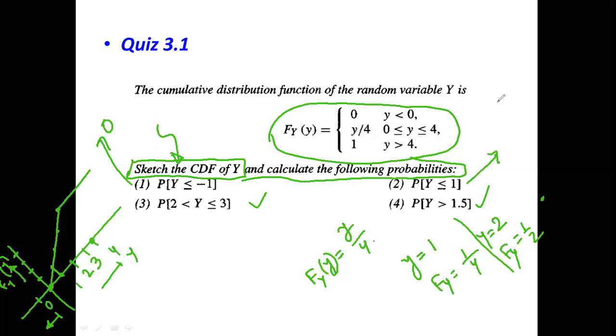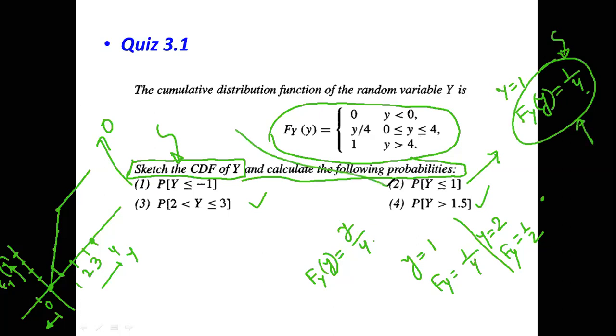So when I find the CDF of y at y equals 1, it equals 1 by 4, meaning the probability before point 1 is the CDF, that is 1 by 4.